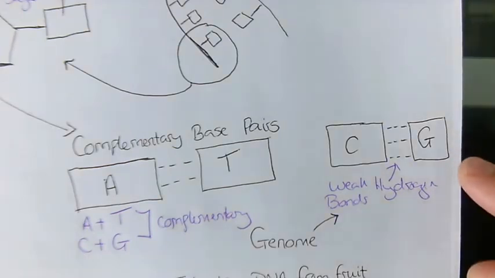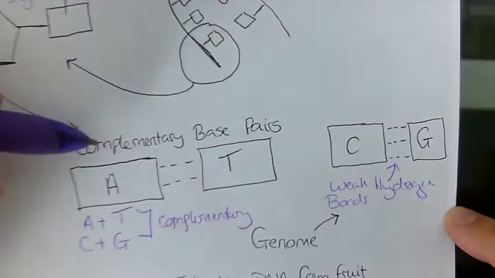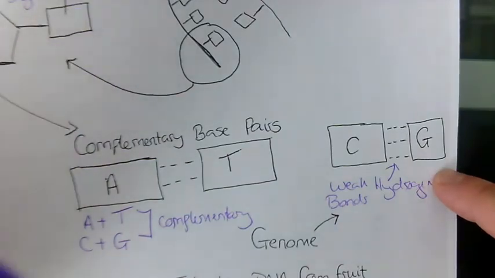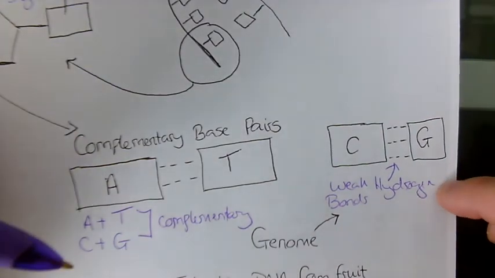So, if we then have all of these bases in our DNA, they code for specific proteins.